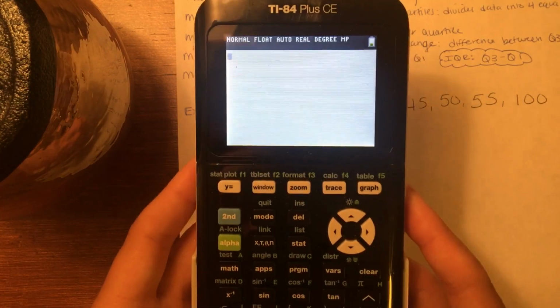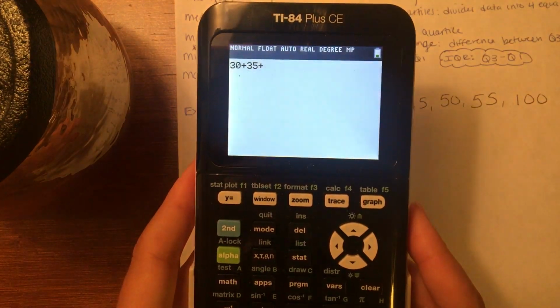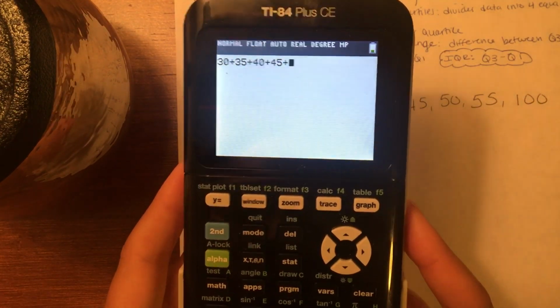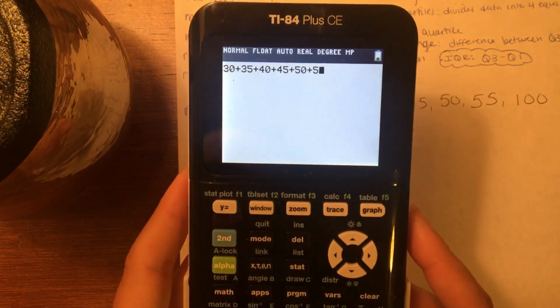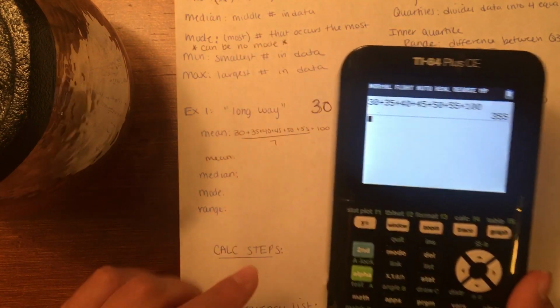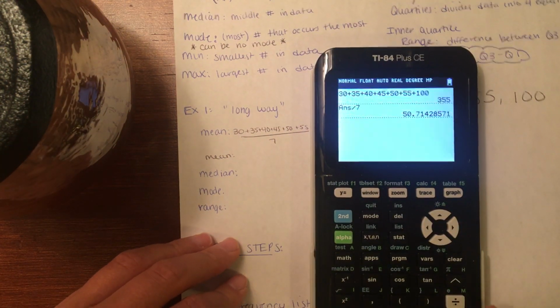That is not right. See, this is why it's good to have kids checking. I think I accidentally multiplied. Plus 40 plus 45 plus 50 plus 55 plus 100. That is right, 355, and then you divide by the amount of data that you have, which is 7.